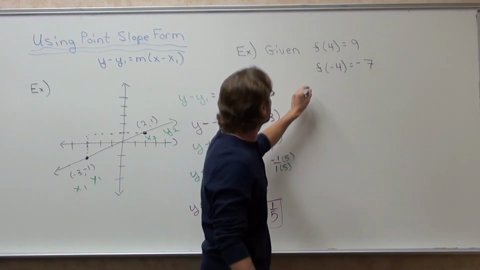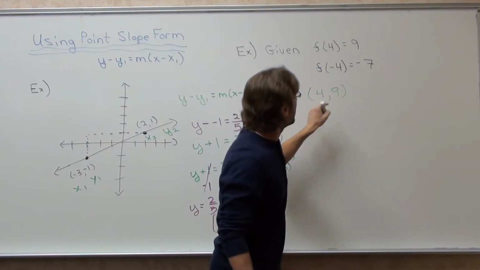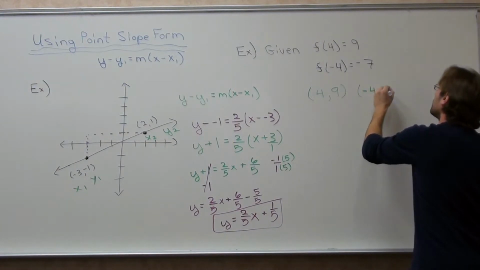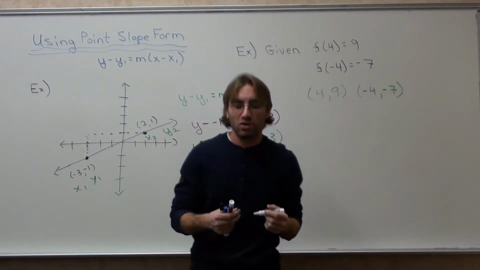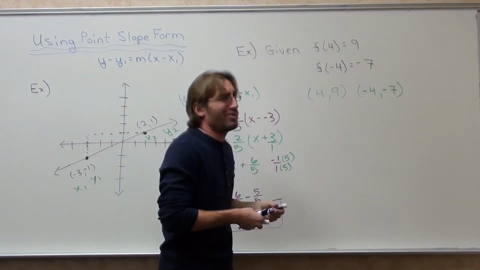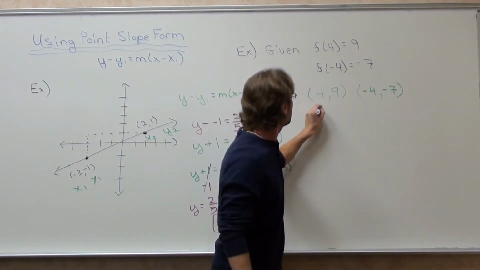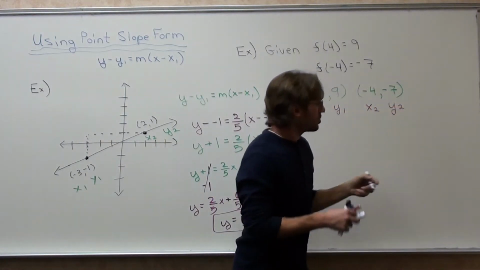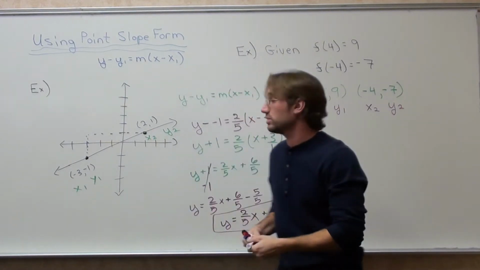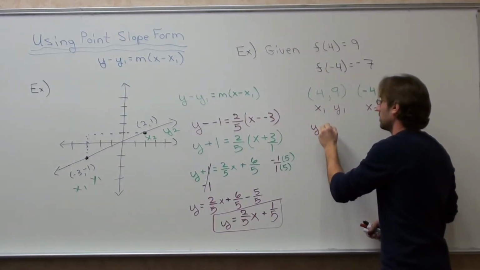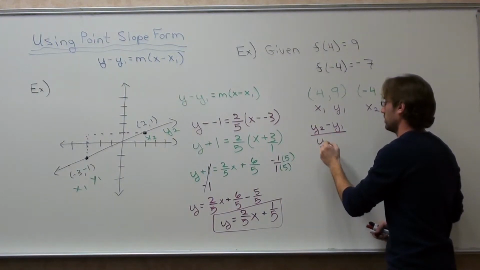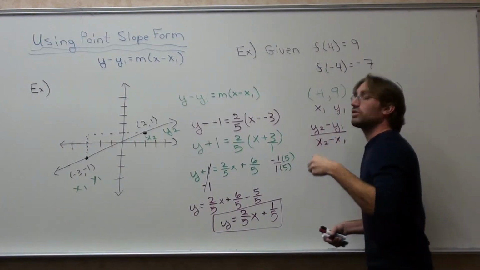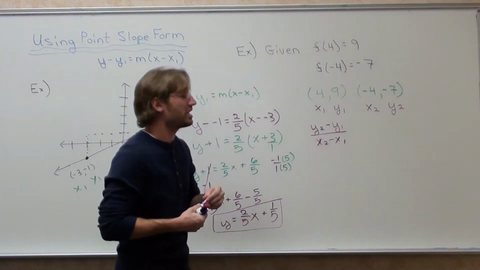And I'll write it again. When x is 4, y is 9. When x is negative 4, y is negative 7. And then you just put down your x1, y1, x2, y2. So what we're going to do is we're going to figure out our slope, which is the formula y sub 2 minus y sub 1 over x sub 2 minus x sub 1.